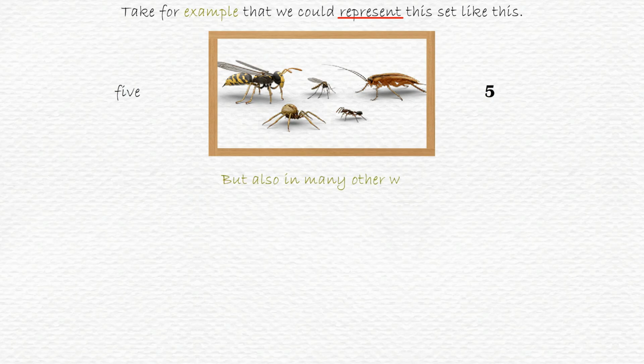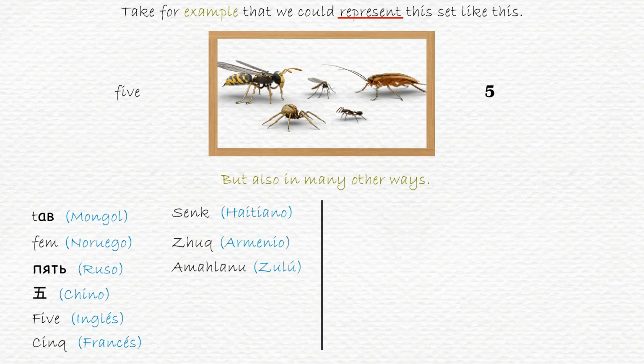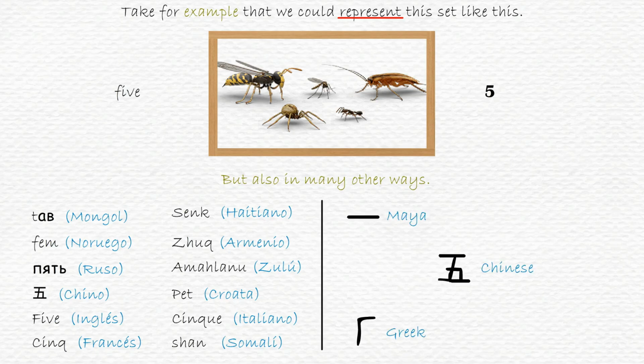But also in many other ways. The number 5 itself will have different names depending on the language. And it will also change symbol depending on the culture.